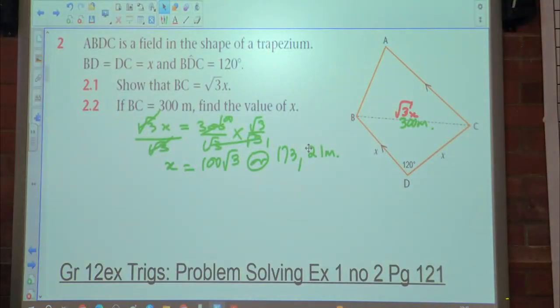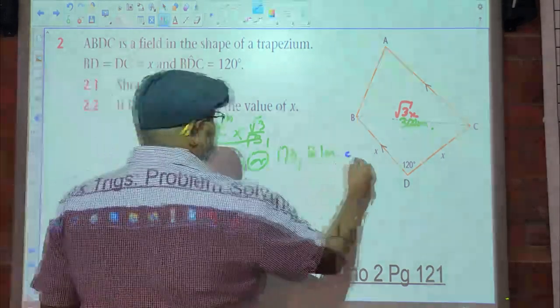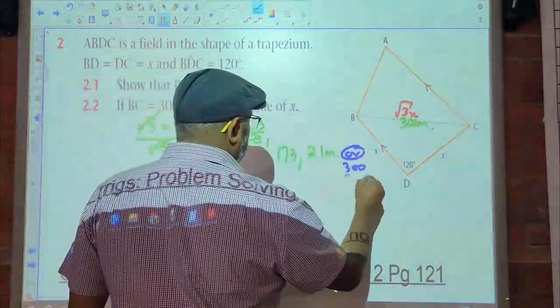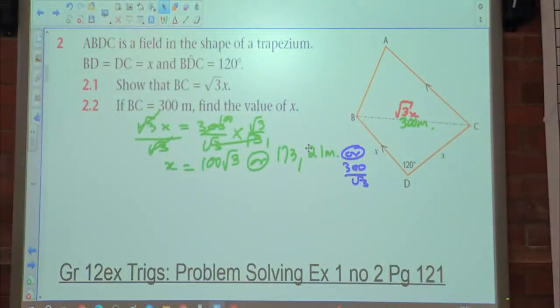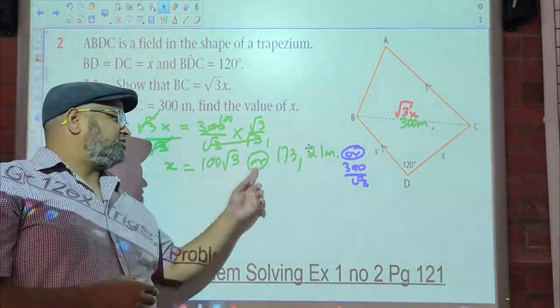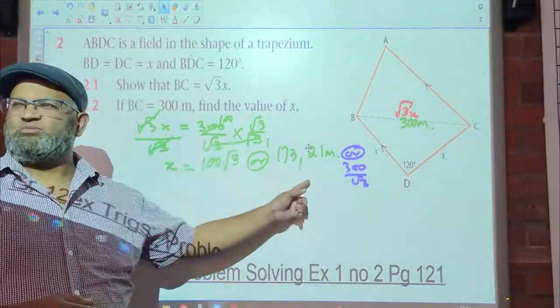Which answer do they have at the back? 300 over root 3. Okay, important. People, if they wanted you to rationalize the denominator, they would tell you, or they would have told you to write it in simplified surd form, or they would have told you to write it in 2 decimal places.